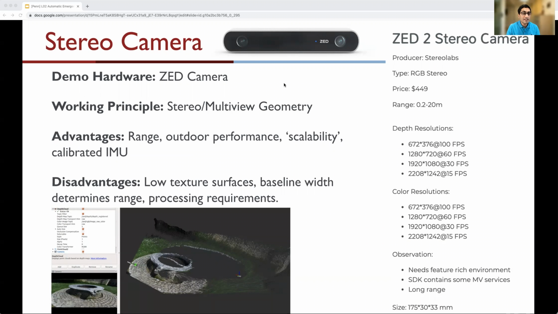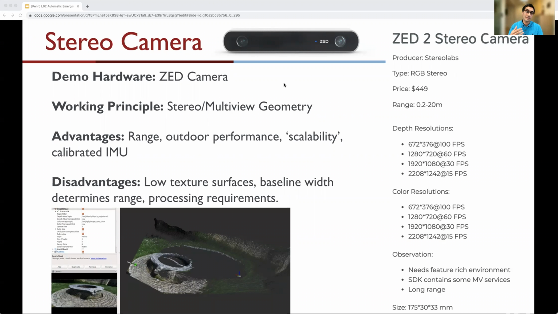The disadvantage is that they have trouble with low texture surfaces, given the IR cloud that it has. In this case, it does not have an IR cloud, unlike the Realsense. So the other sort of limitation is that the baseline width between the 2 cameras limits the depth range.